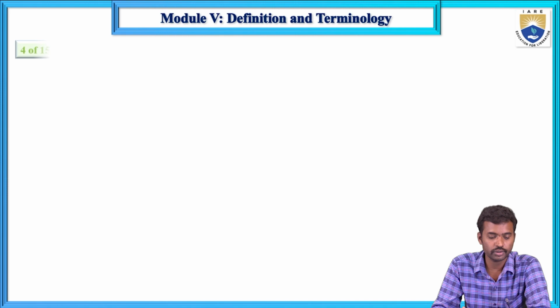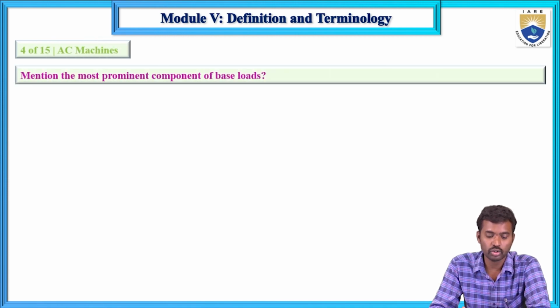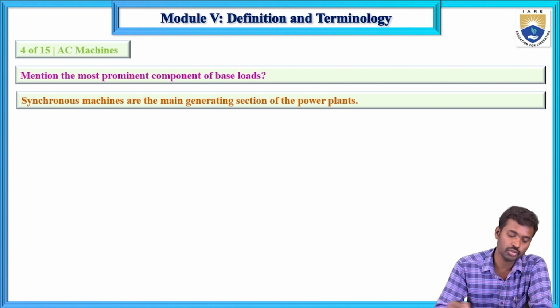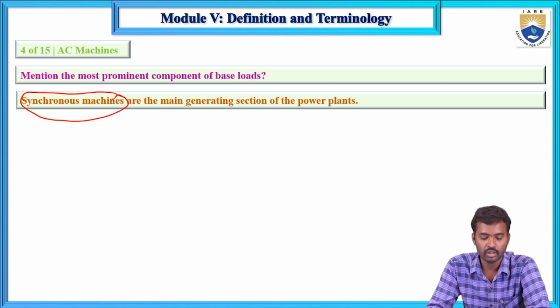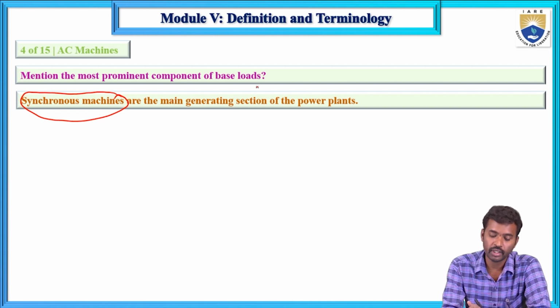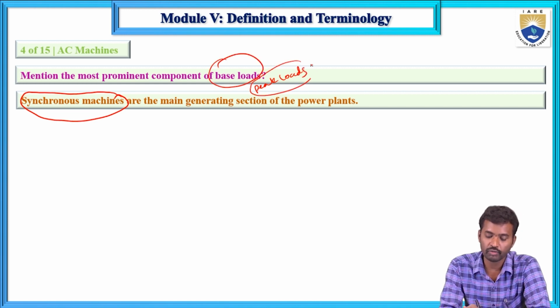Now, the fourth question: mention the most prominent component of base loads. That is the synchronous machine. Synchronous generators or synchronous motors are the main generating section of power plants. There are two types of loads: peak loads and base loads.